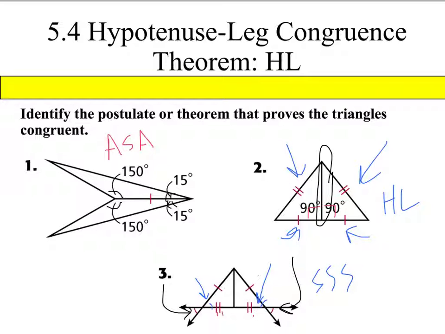Vertical angles, absolutely. Your vertical angles theorem allows me to say that this angle is congruent to this angle. So because of that, we have two sides and the included angle, or where those two sides come to a point. We could also use SAS, a little sass.